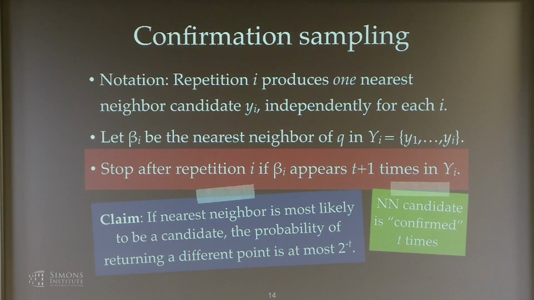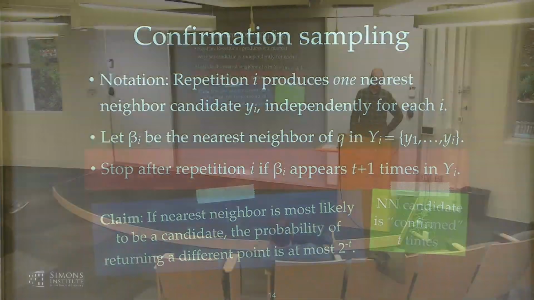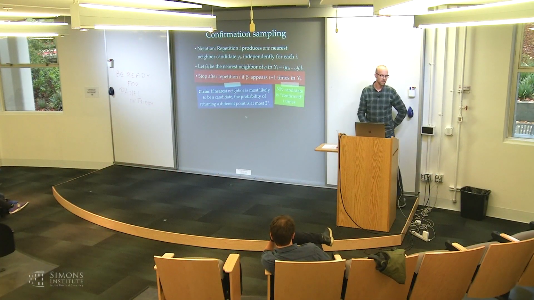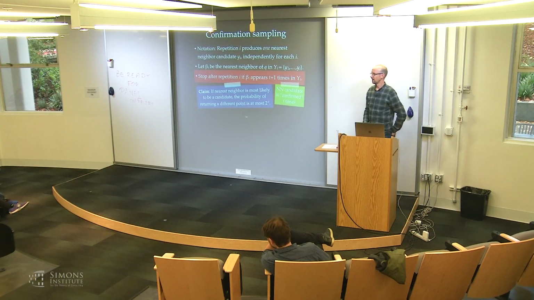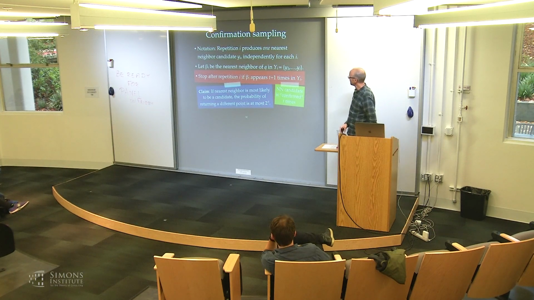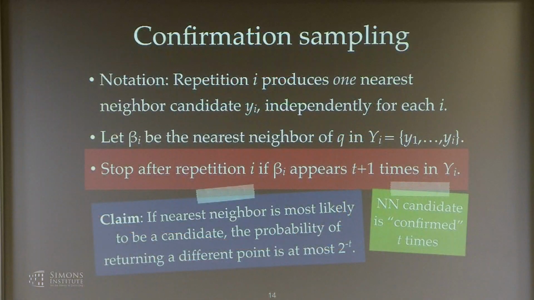Question? Isn't it safer to actually say that a particular distance appears t+1 times in case there are multiple points that are almost nearest neighbors, because each of them might appear and sort of screw this rule up? Yeah, like how does it work if you have 2 points with the same probability? Yeah. Okay. Yeah, I mean 2 points with the same probability or the same distance is fine. You just need a tie-breaking rule. But if they're almost the same?